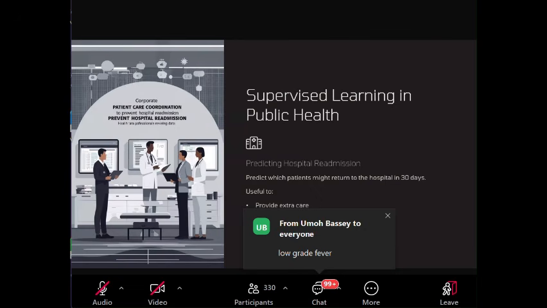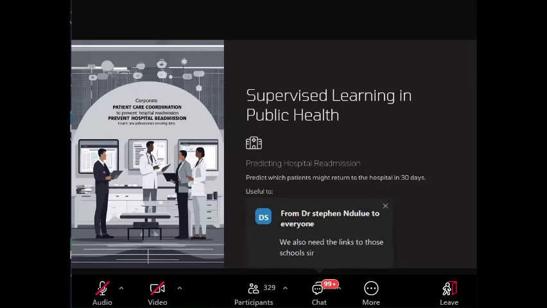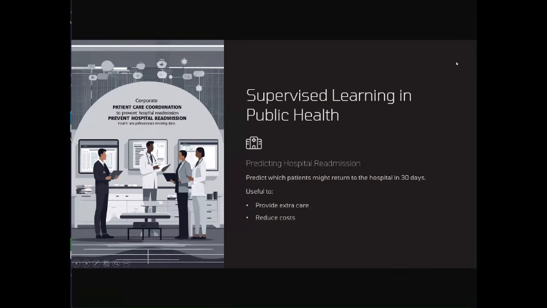When you put that data in the algorithm, it will be able to predict the ones that will come back for readmission based on their lifestyle. You can also use that data to predict the conditions that are costing the hospital more and the conditions that are costing the hospital less. Then the hospital will know how to reduce cost.